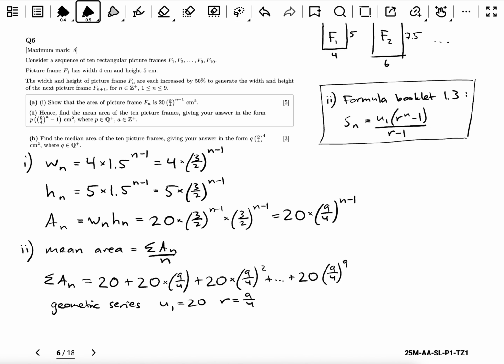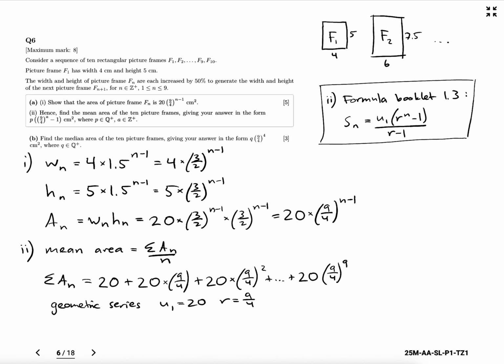And now we can use this. So we can see that the sum of the first 10 is going to be 20 times r to the power of n minus 1, and then over r minus 1.